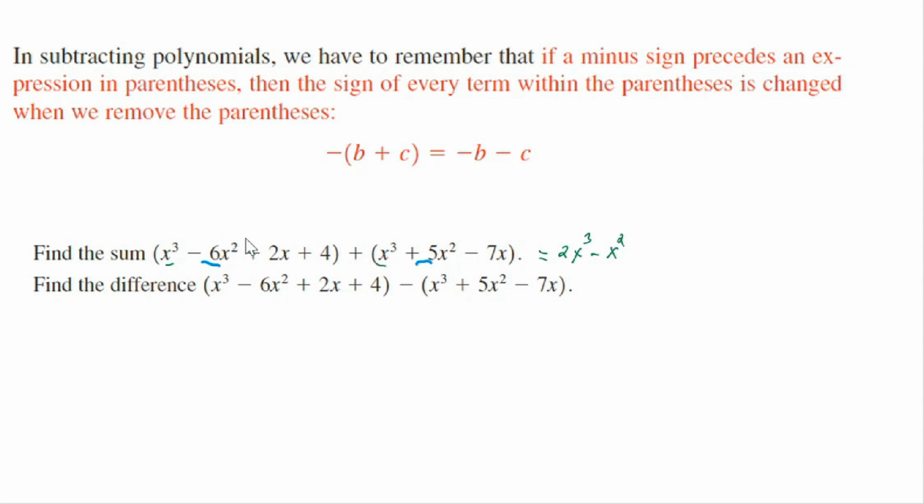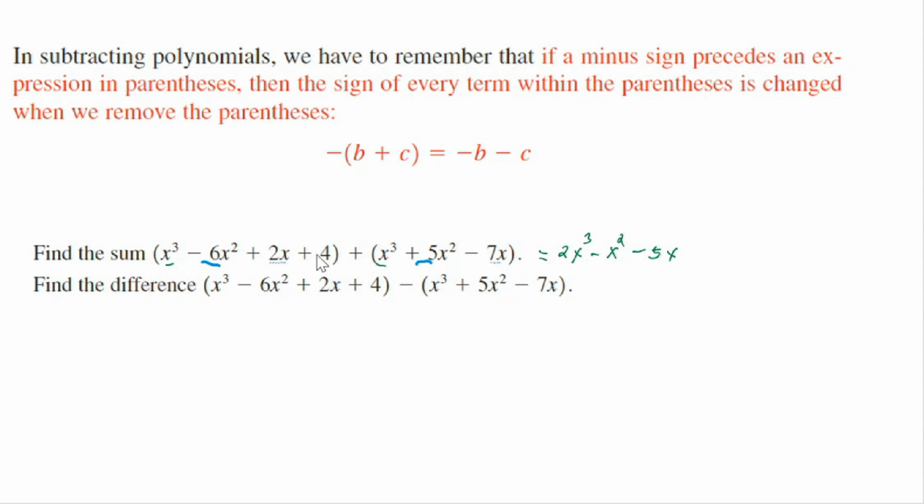And the next term, in terms of x. What are the coefficients of x? We know that the coefficients of x are 2 and negative 7. So what is 2 minus 7? The difference is negative 5. So I can write now negative 5x.